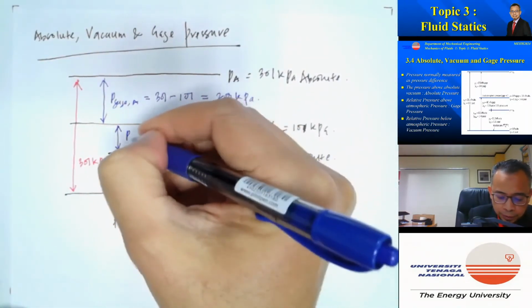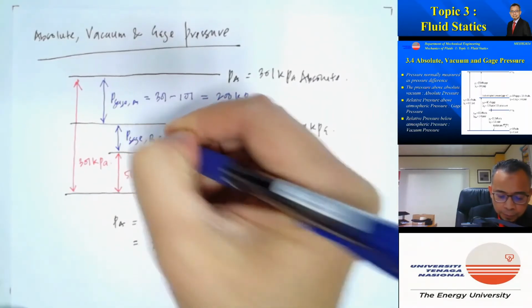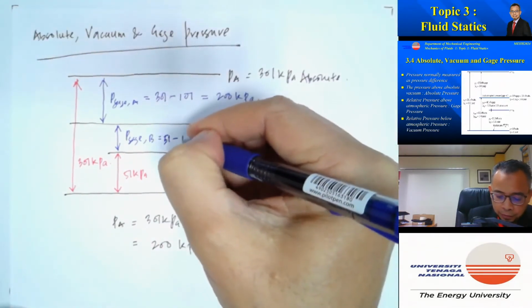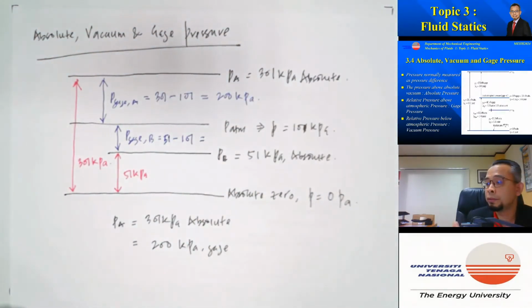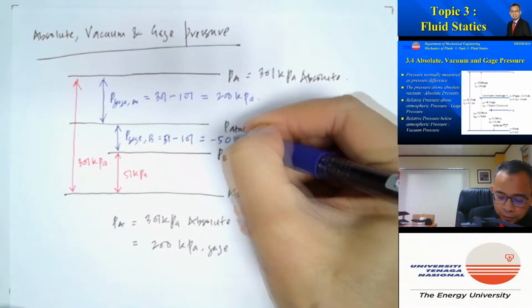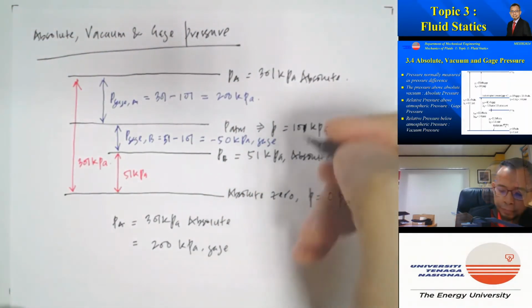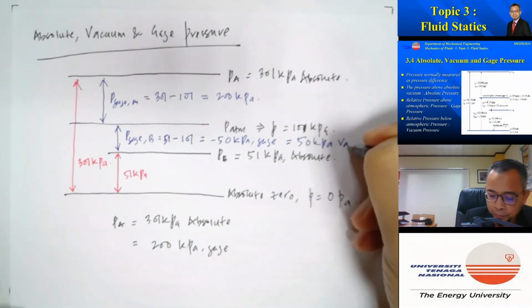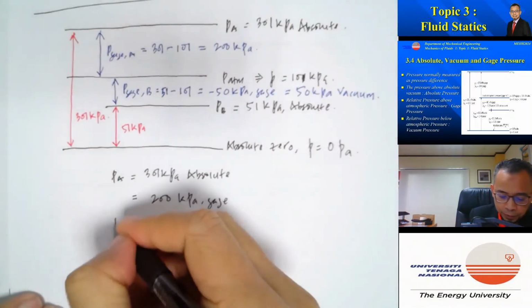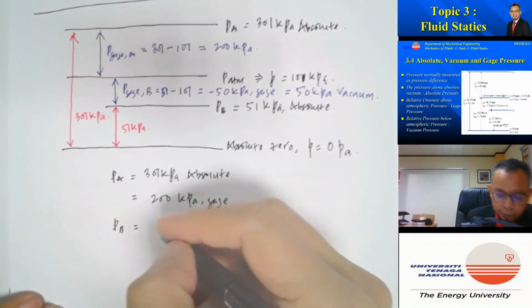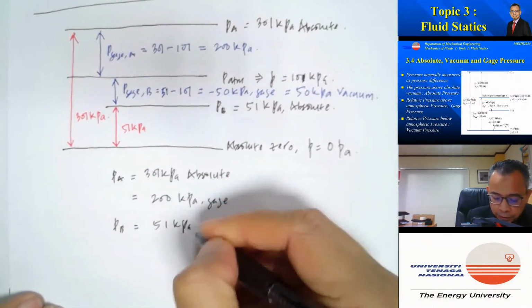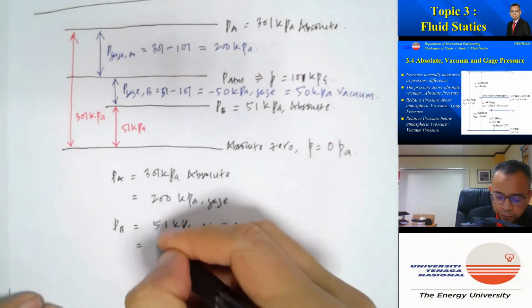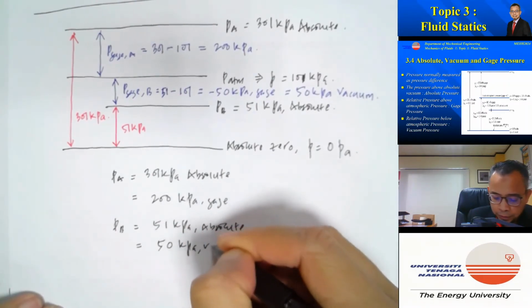So P gauge at B is equal to 51 minus 101 equal to minus 50 kPa gauge, and it's also equal to 50 kPa vacuum. So we can write PB equal to 51 kPa absolute, and it is also equal to 50 kPa vacuum.